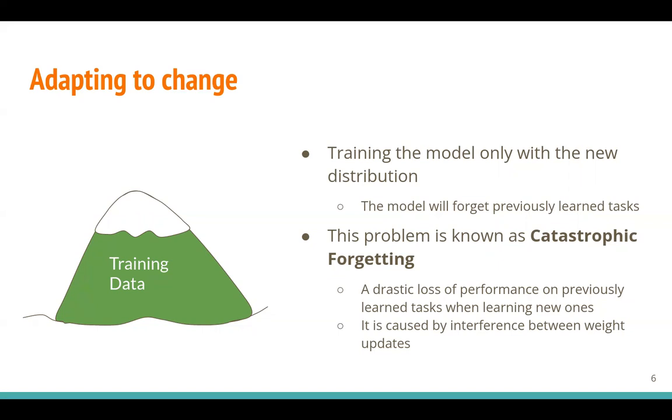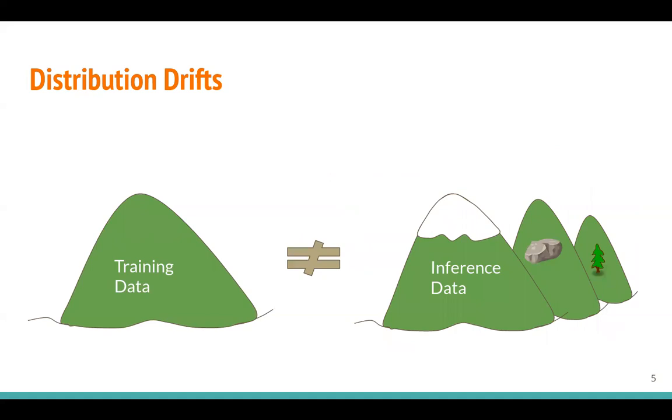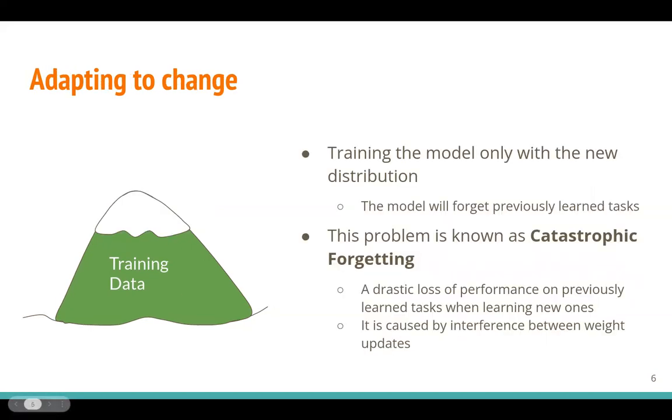or ways of adapting the model. A very simple one that is not very useful, but it's the simplest, is to retrain the model, or train from scratch or whatever, using all information from the current distribution. If we have a sequence of distributions, here we have the training set, and we have the different inference data. What we can do is focus on training on the current distribution.